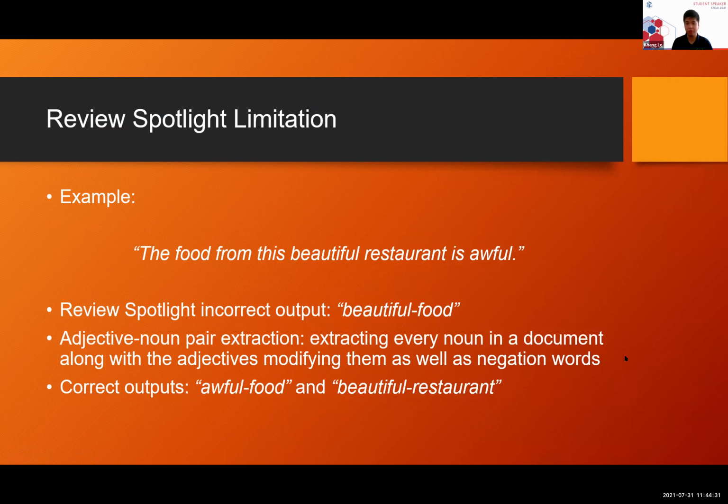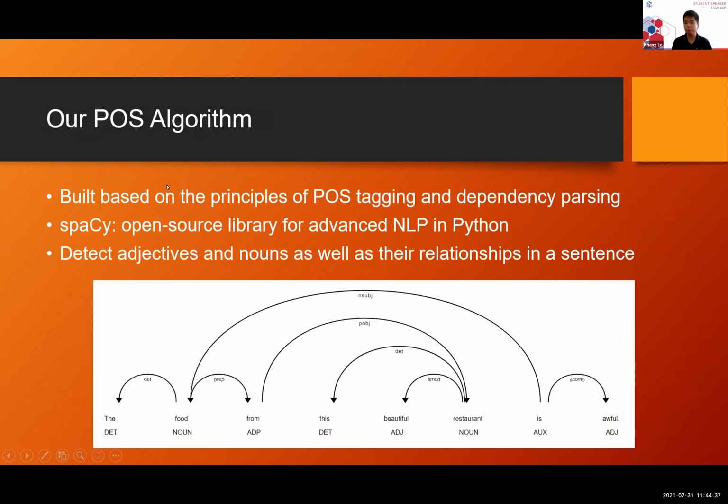In detail, our part-of-speech algorithm is built based on the principle of POS tagging and dependency parsing by using spaCy, which is a library for advanced NLP in Python. By using spaCy, our algorithm can detect adjectives and nouns as well as their relationship in a sentence.